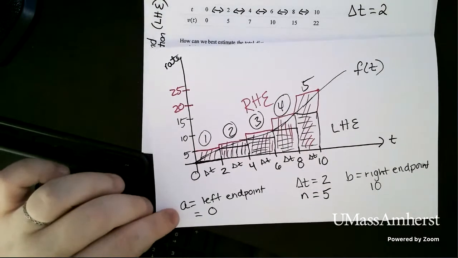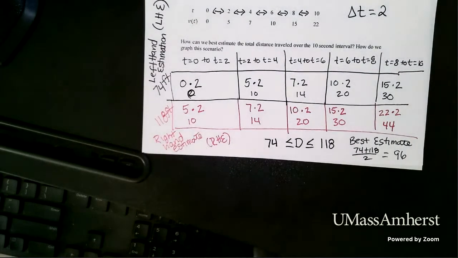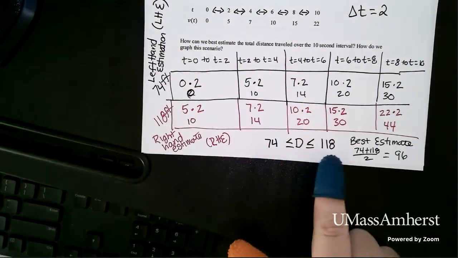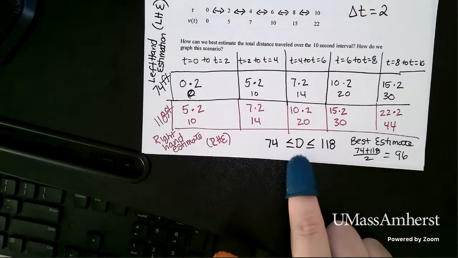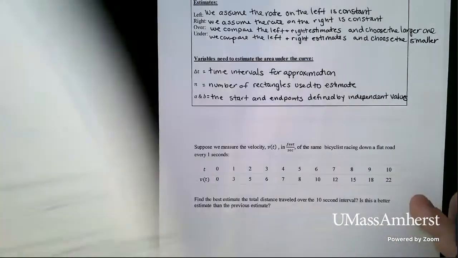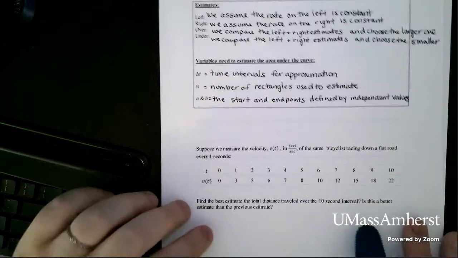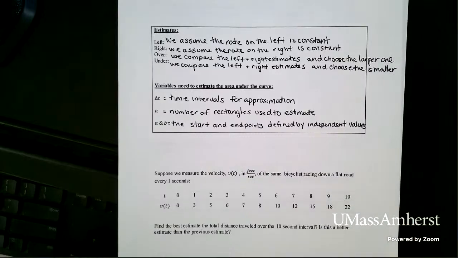Okay, so we have this idea of a left and a right-hand estimate, and from that, that gives us bounds for where our actual total distance traveled is, the actual area under the curve. So let me move this over here. So far, in terms of our terminology, we have a left-hand estimate.